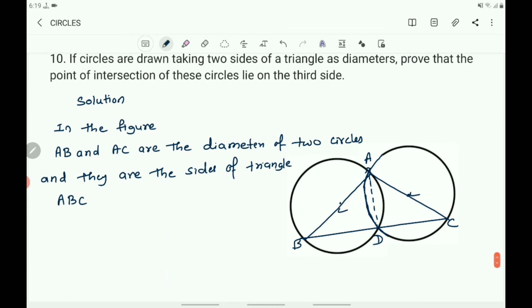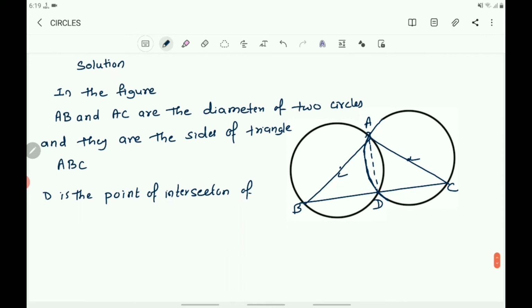Then D is the point of intersection of two circles.